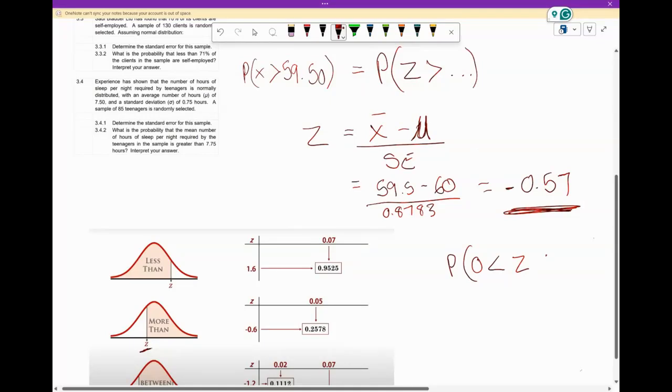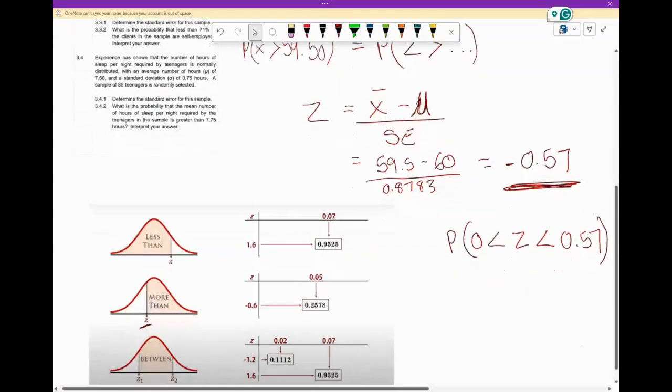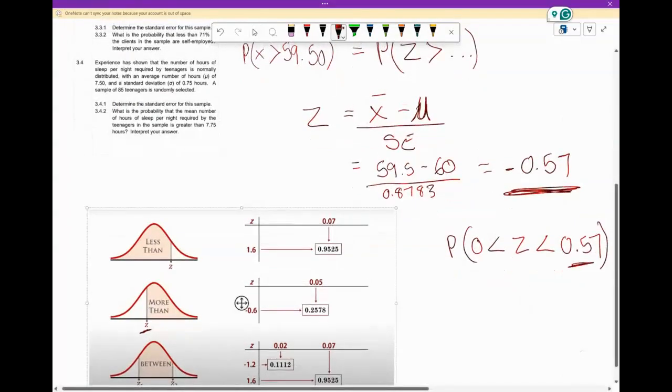Okay, so then we're basically saying we want the probability of 0 less than Z less than 0.57, because we said we are using the positive, and we said the distribution curve is symmetrical. Now can you look up 0.57 on your distribution?